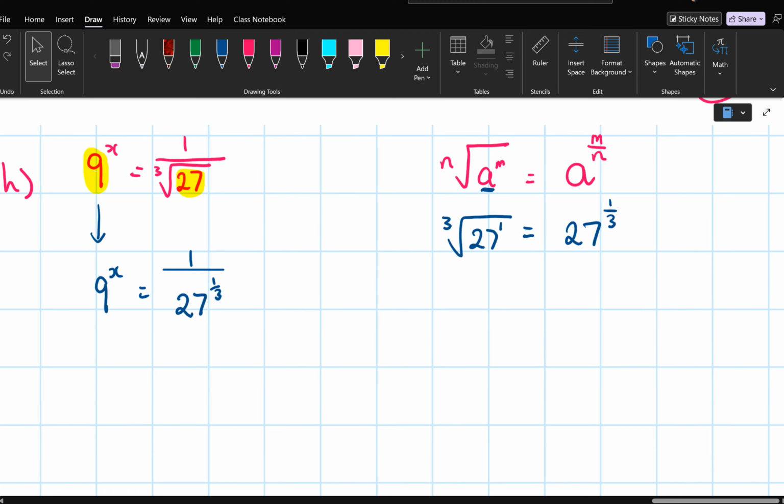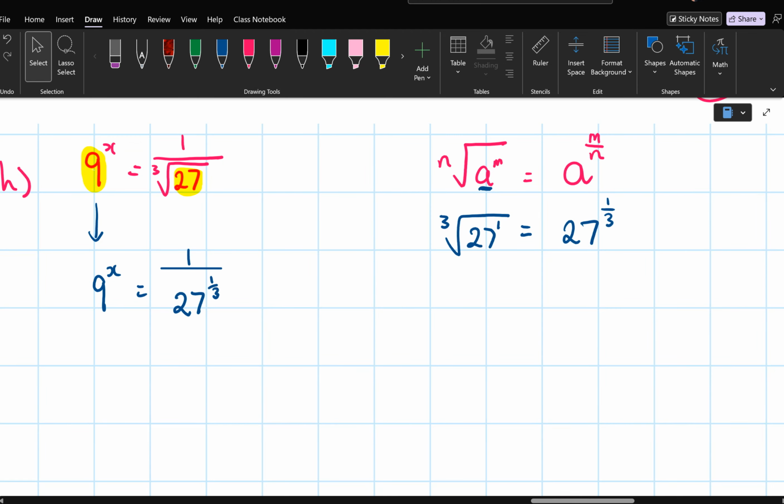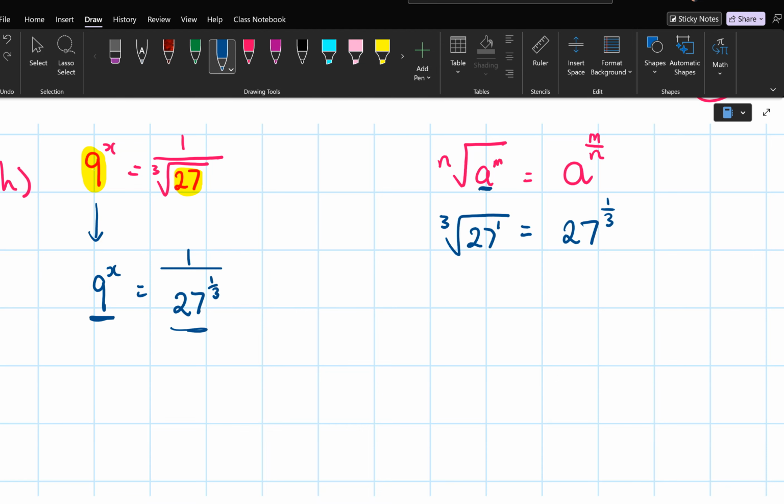Now note that this is not a fraction on the left-hand side, but this is a fraction. And so we can use rule number 7. Rule number 7 states that you can change one that isn't a fraction to a fraction by changing the power. If it's a negative power, it becomes a positive power in the denominator.